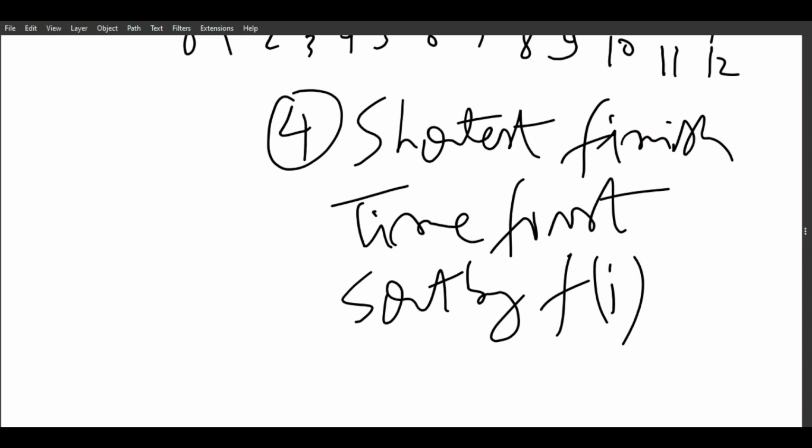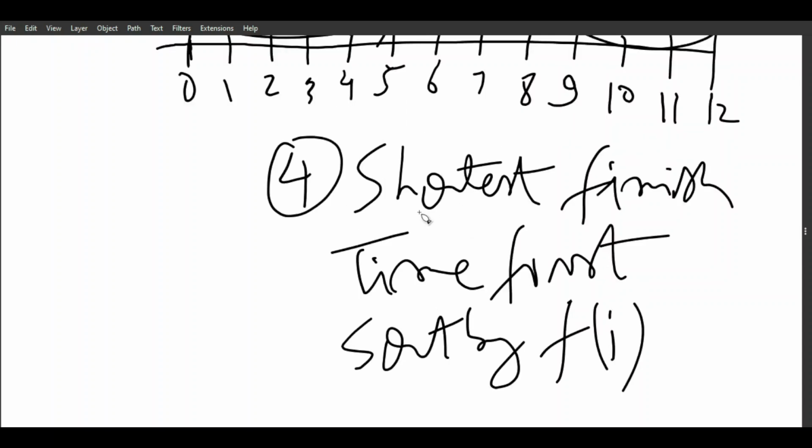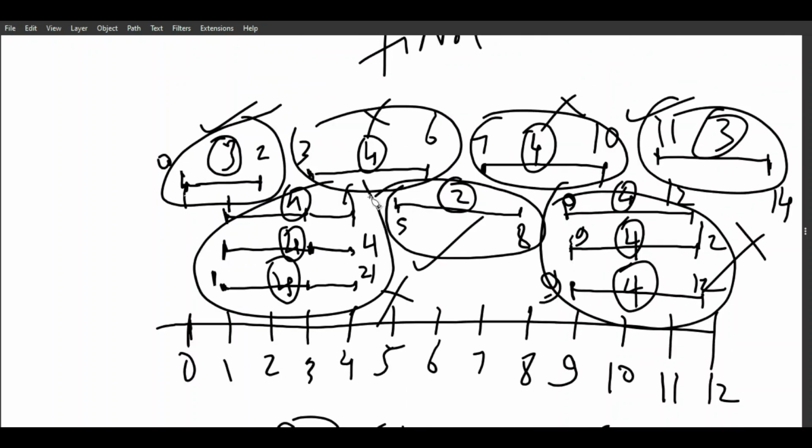Before that we'll test this heuristic on the 3 given examples and see that it is giving the optimal solution. First we apply to our third example. Just sort them using smallest finish time first. Smallest finish time is 2.